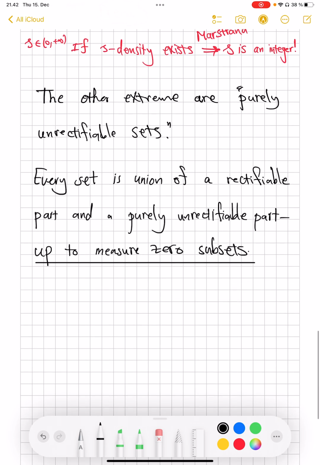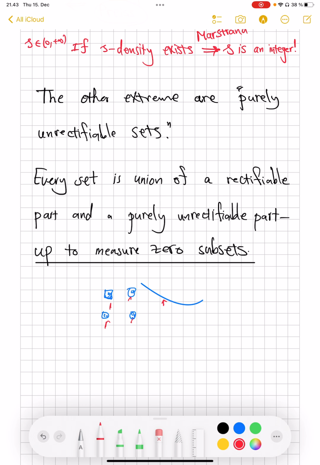So a very simple example here would be that you have your four-corner Cantor set, and that's purely unrectifiable, and then you can union it with a C1 curve. For this set, the purely unrectifiable part will be everything that belongs to the four-corner Cantor set, and the rectifiable part will belong to the curve.